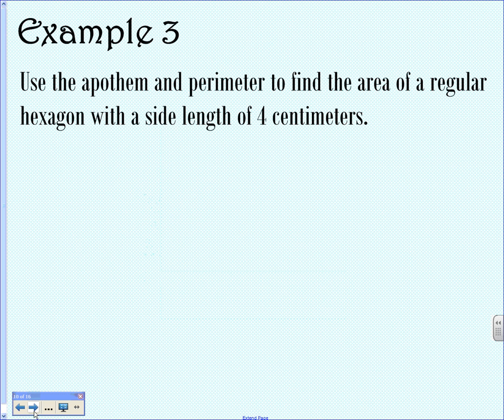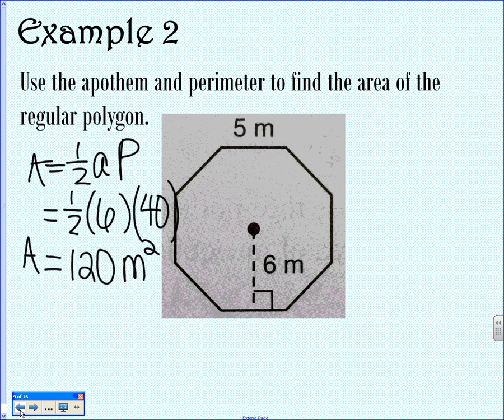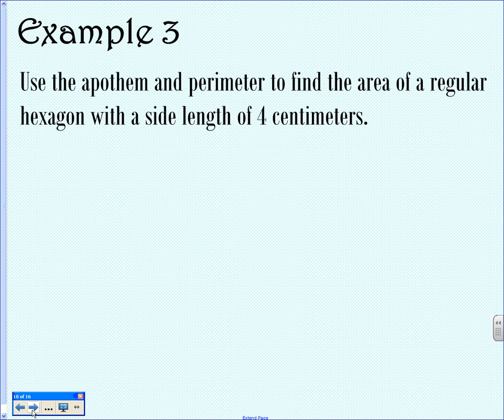All right, so let's look at another one. Did I not put square? Yeah, meters squared. All right, so now we're going to use the apothem and perimeter to find the area of a regular hexagon with a side length of 4 centimeters. So what are we going to need to do on this one?